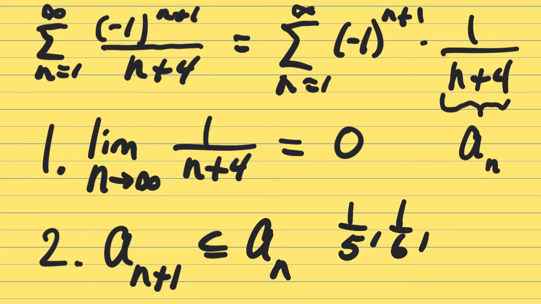If n equals 3, 1 over 3 plus 4. So it appears that our terms are decreasing. The following term is smaller than the one before it. Both criteria are met, so this is a convergent series.